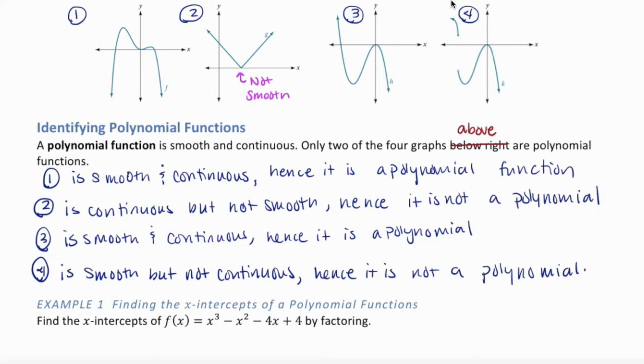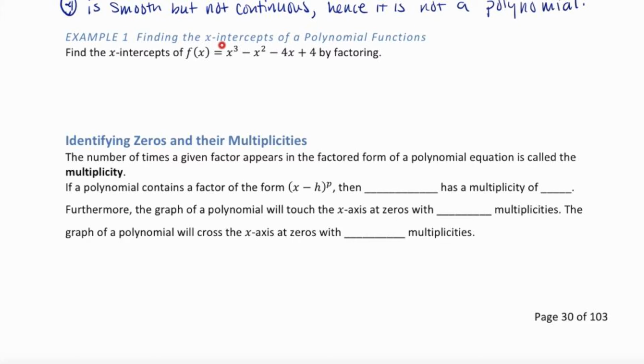All right, let's look at example 1. Example 1, finding the x-intercepts of a polynomial function. Find the x-intercepts of f of x equals x cubed minus x squared minus 4x plus 4 by factoring.